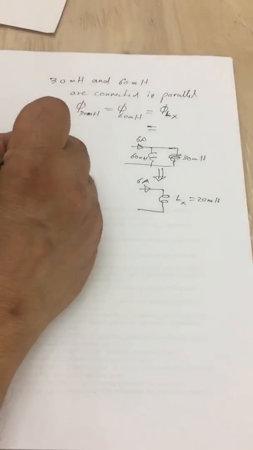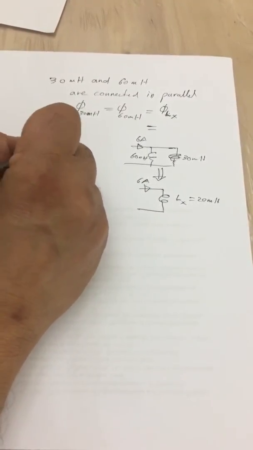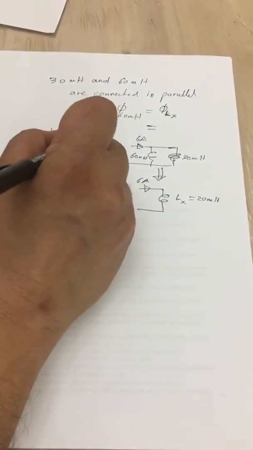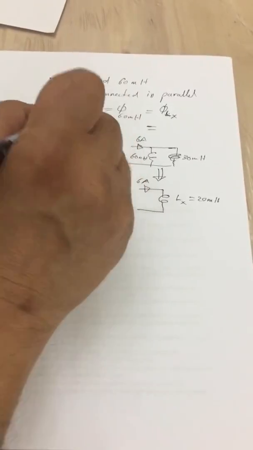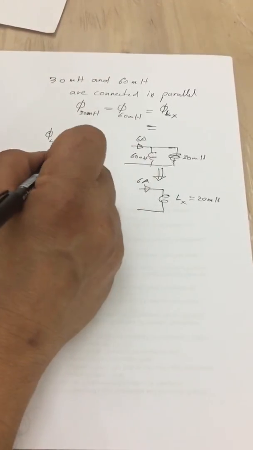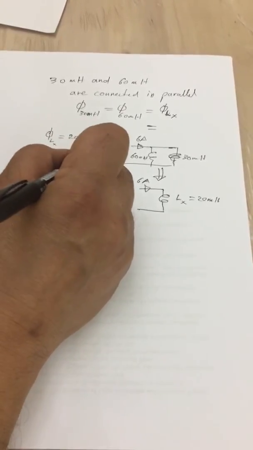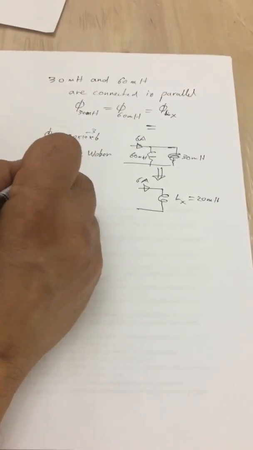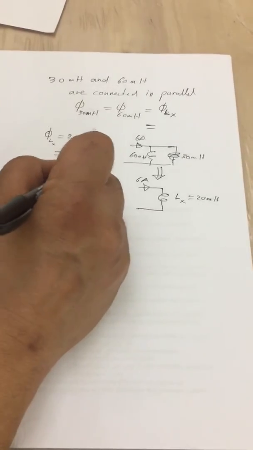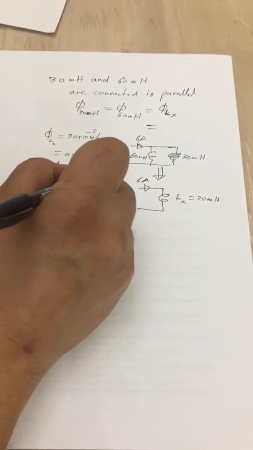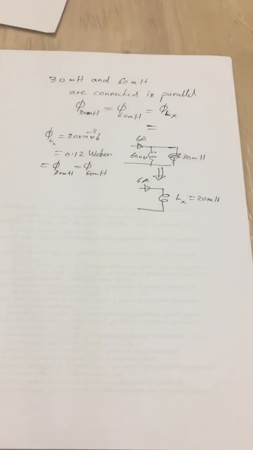So we can calculate what is flux Lx equal 20 times 10 to the minus 3 times the current passing through it, which is times 6. So it will be 0.12 Weber. Right. And this is equal to flux 30 millihenry and equal to flux 60 millihenry. Okay? So we know the fluxes.